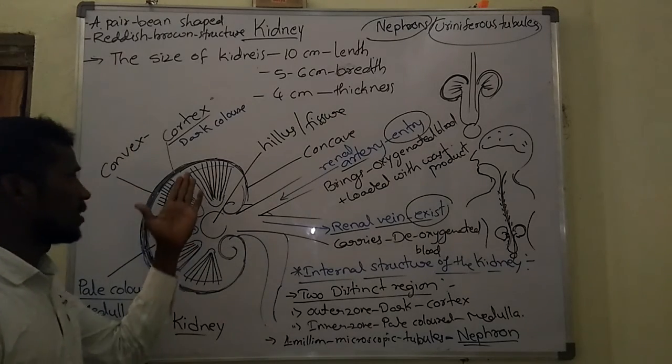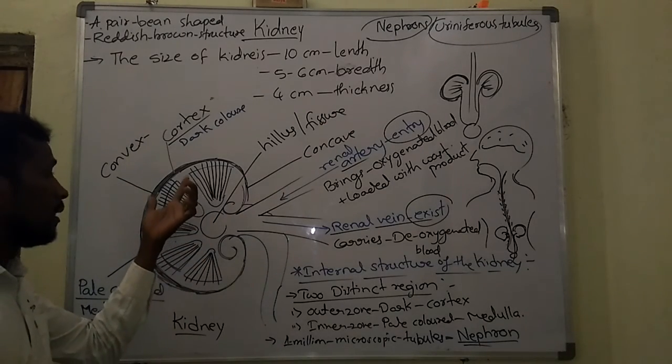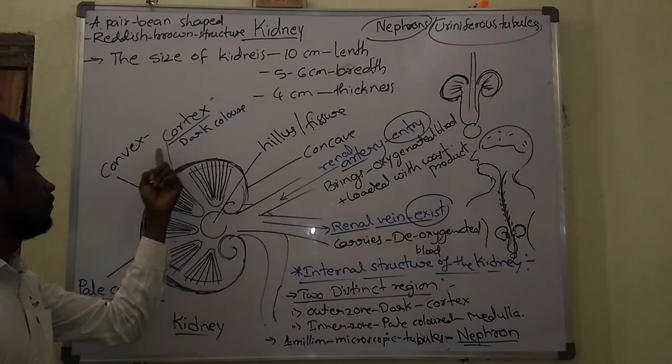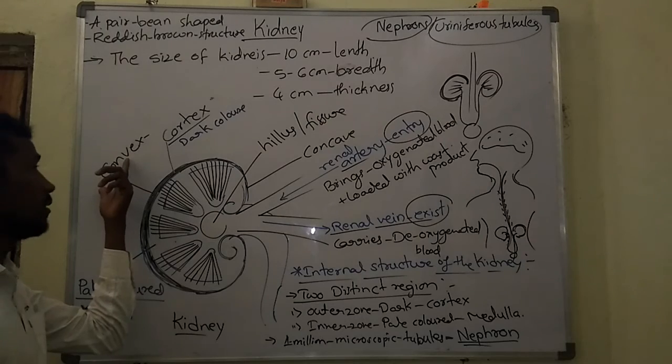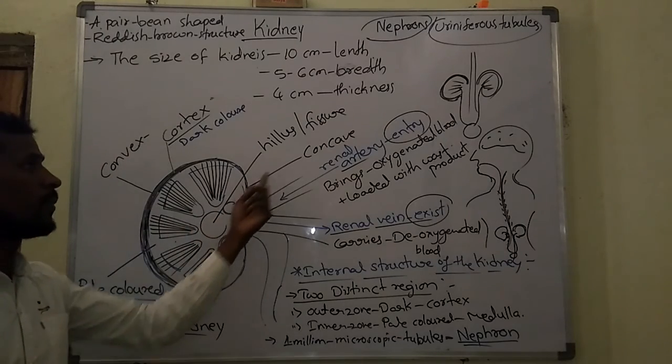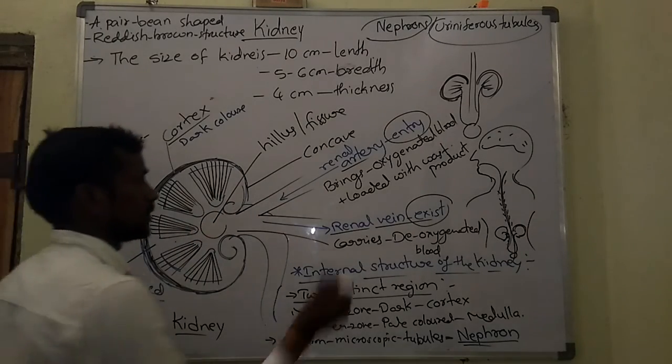Each kidney's outer side is convex and its inner side is concave.